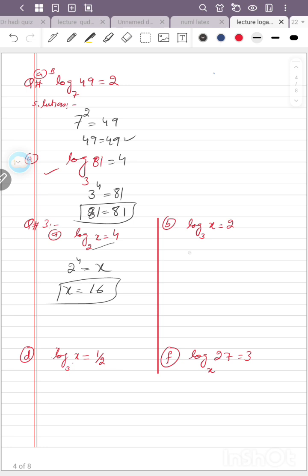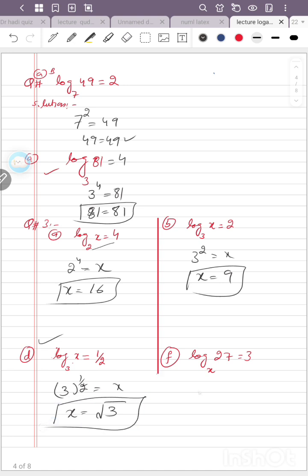Here 3 power 2 equals x, and x equals 9, we have this answer. Now for the d part, 3 power 1 by 2 equals x. How do we write it? We can write it as square root of 3. This is our form.